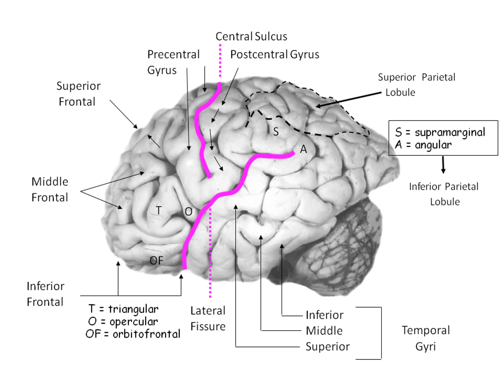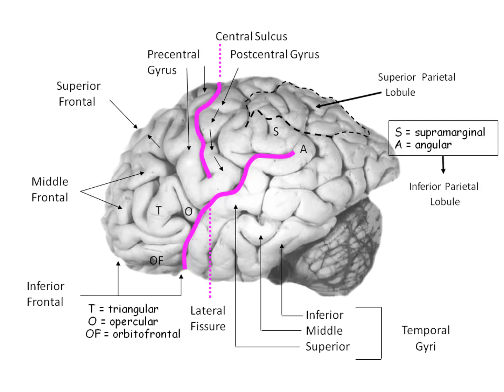Some structures that we want to identify in each of these lobes include, in the frontal lobe, the opercular, triangular, and orbital frontal gyri. These will turn out to be of great interest, these relative to language expression, and the orbital frontal relative to emotion in particular.